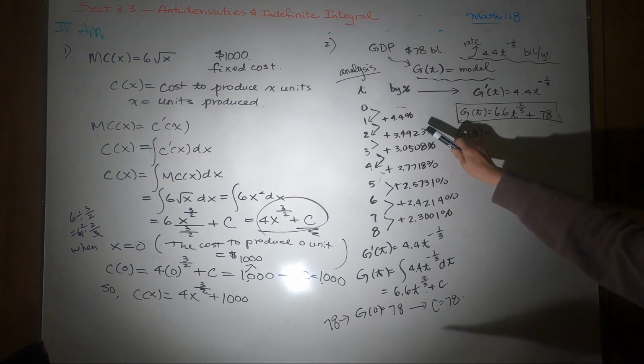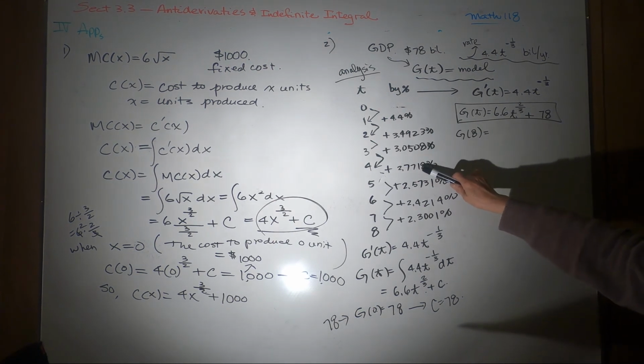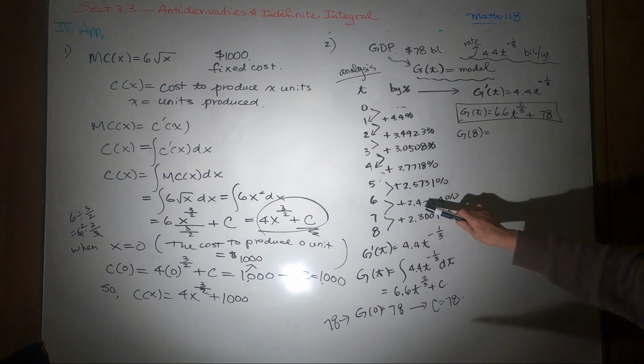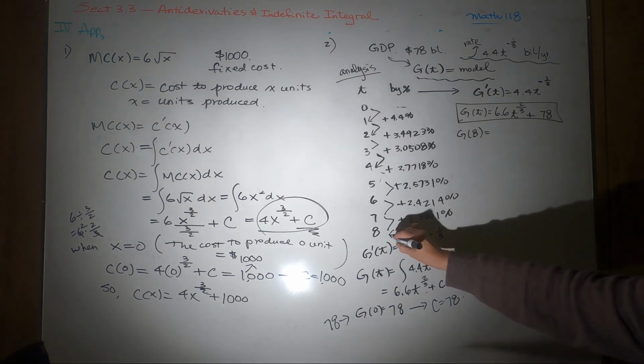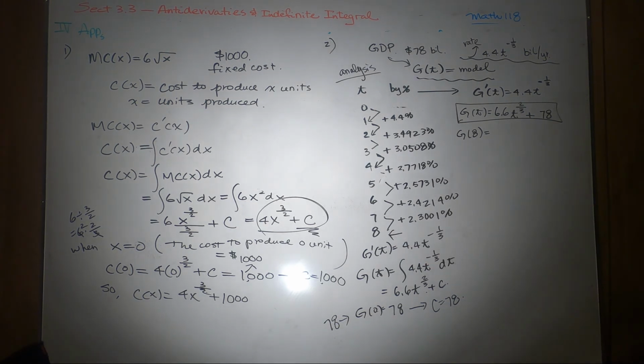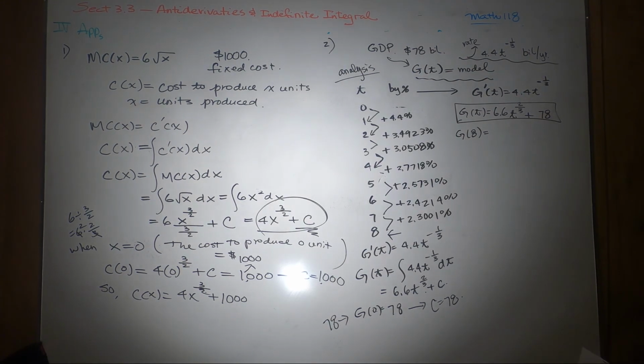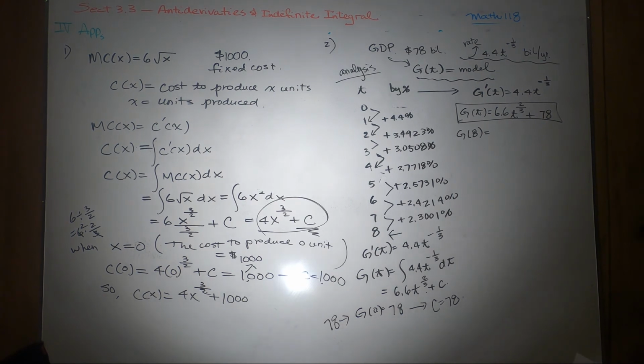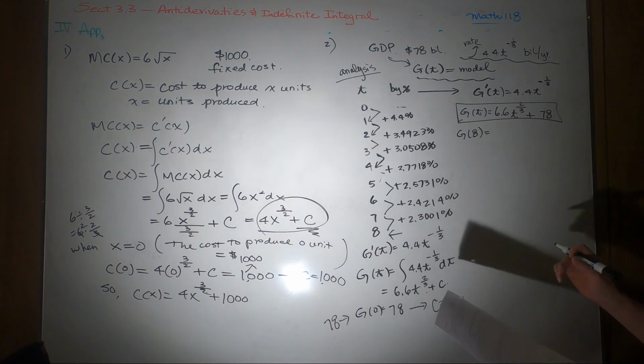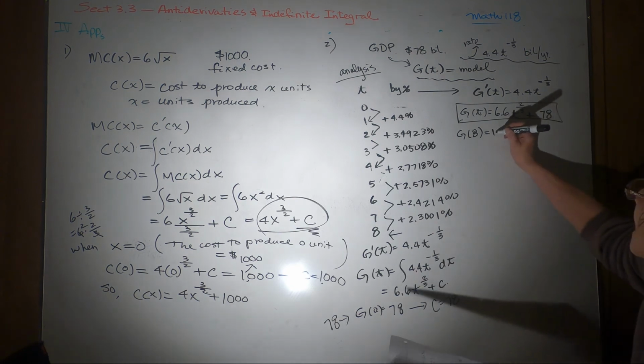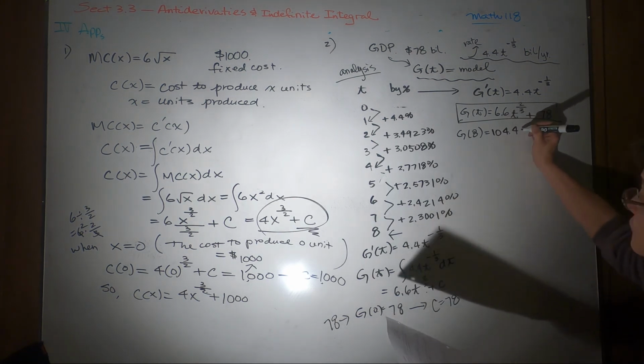After first year, second year, 3, 4, 5, 6, 7. I need one more, I would think. Okay, so then we plug in 8. What do we have? Then we have 104.4 billion.